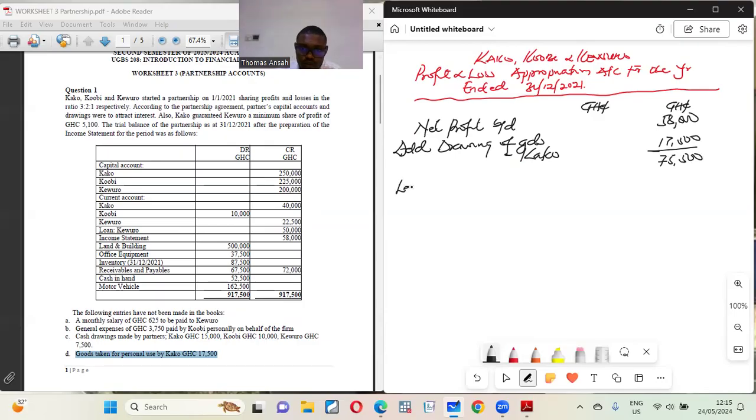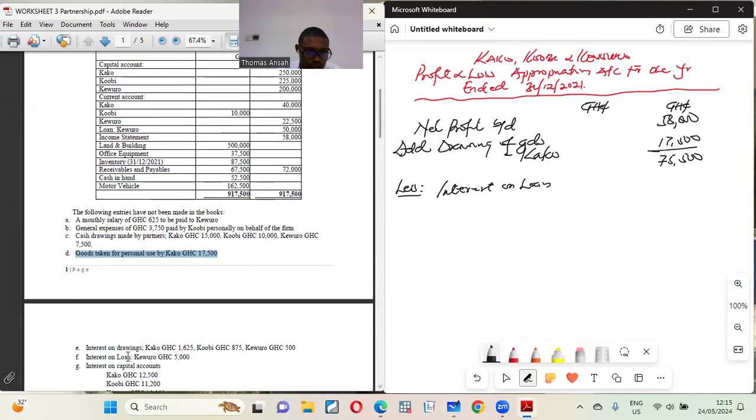Then we less what? The interest on loan that should have been done, that wasn't done. Who gave us that? The interest on loan was Keru. So we put Keru's name. How much is that? Interest on loan, 5,000. Then the expenses made on behalf. We know general expenses is a P&L item.